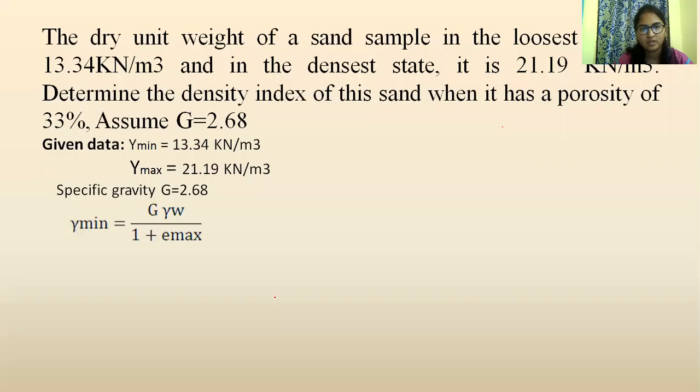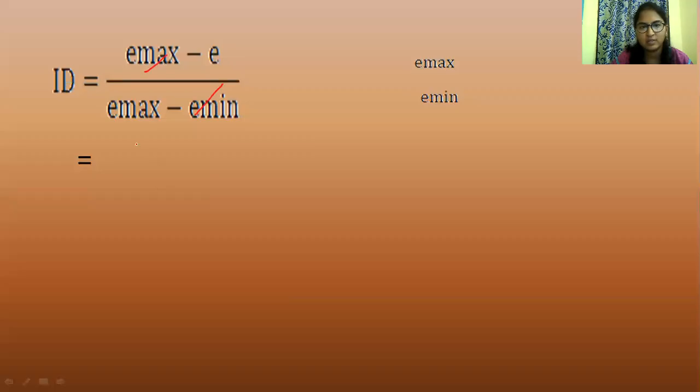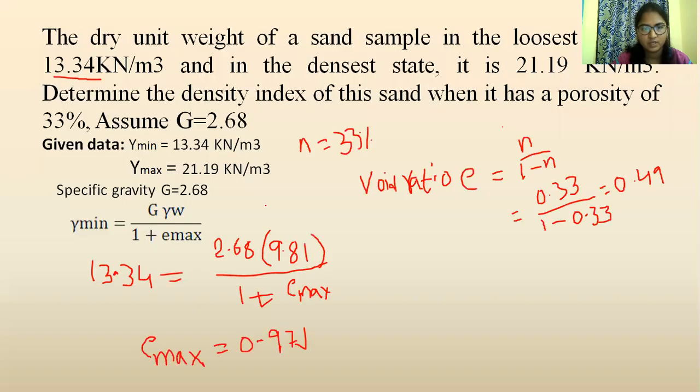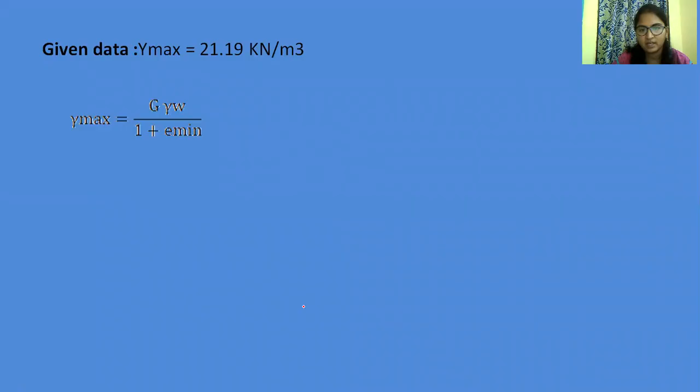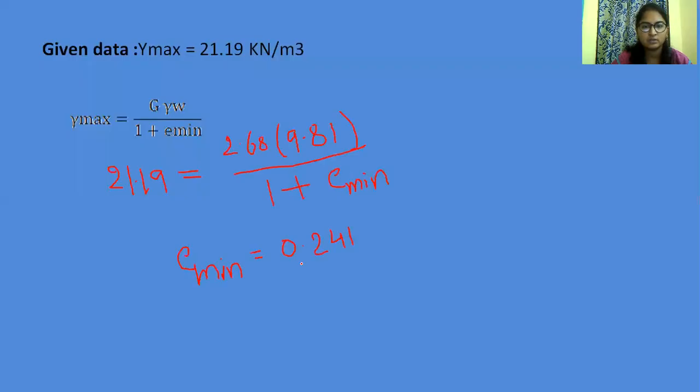Finally, we can calculate the density index, which is equal to (e max minus e) divided by (e max minus e minimum). What is the value of e max? e max is equal to 0.971, and e minimum is equal to 0.241.